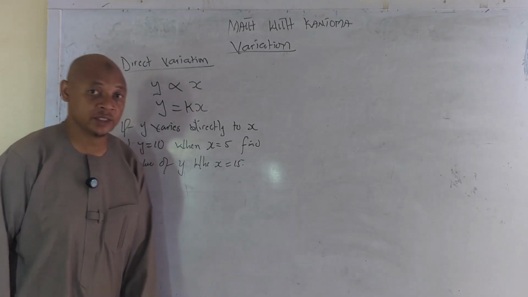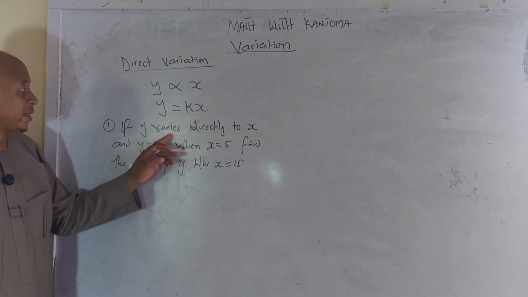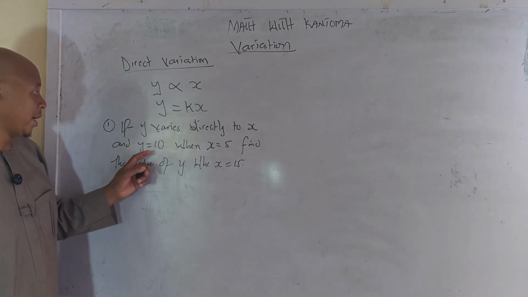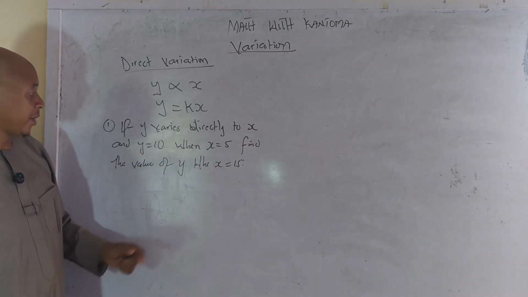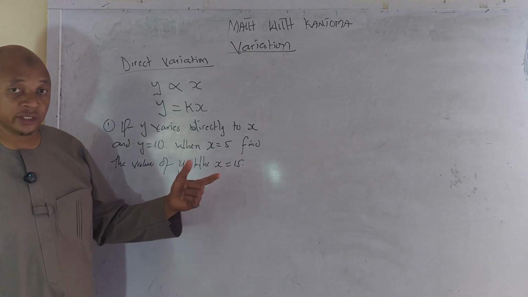Now this is a good example. They said y varies directly to x and y is 10 when x is 5. Find the value of y when x is 15.